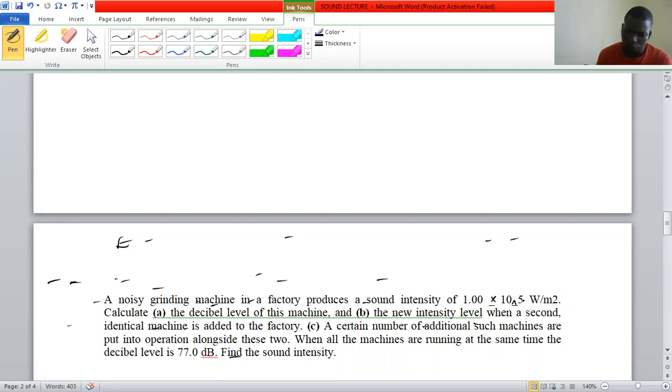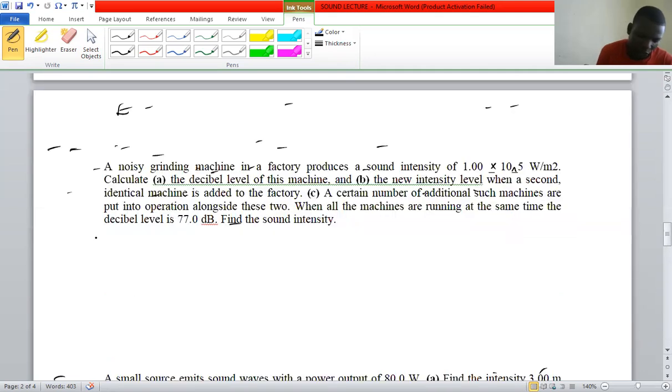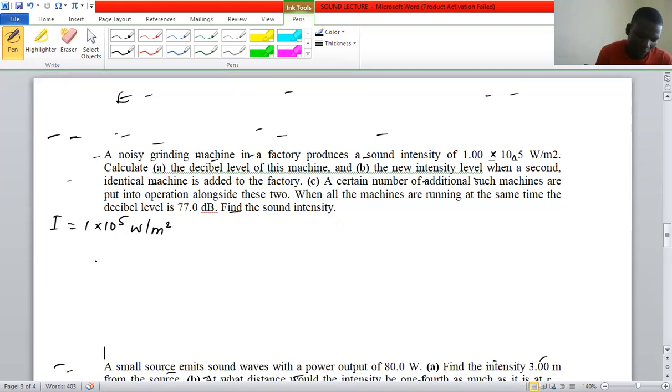Okay, so this machine is producing an intensity of 1 by 10 to the power 5 watts per square meter. And we also know the threshold of hearing is 1 by 10 to the power negative 12 watts per square meter.